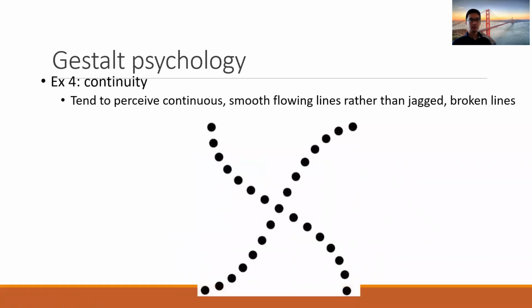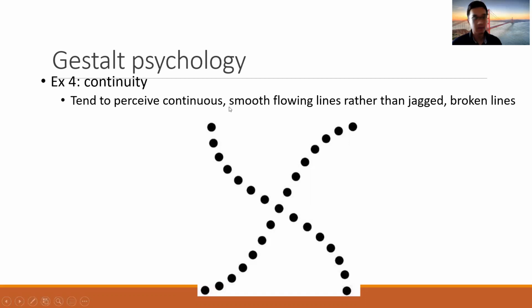And another example is about the shape of the objects or the things. Continuity. So in this picture, how many lines are here? In this picture, how many lines? And most likely, people think these are 2 lines.